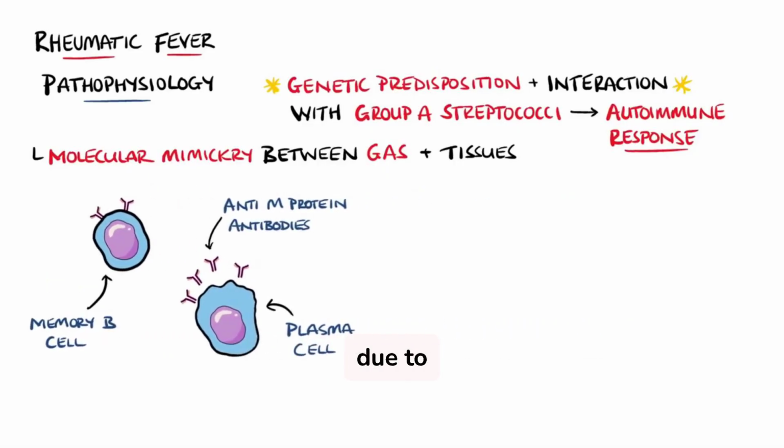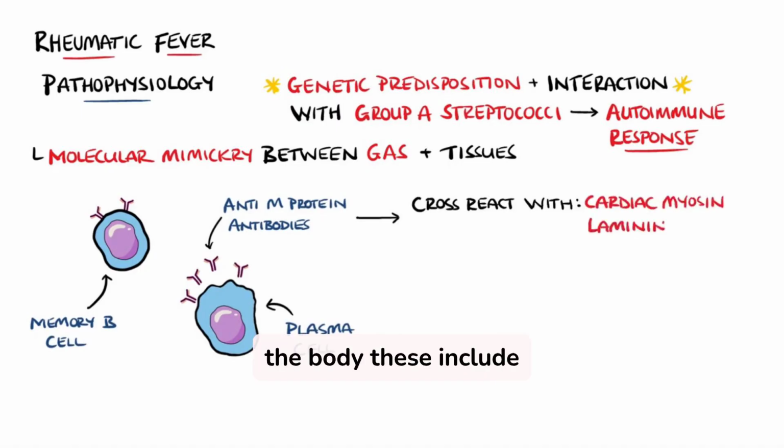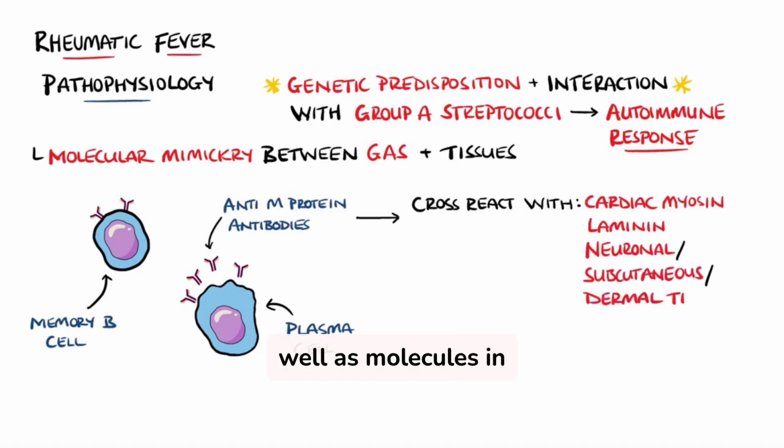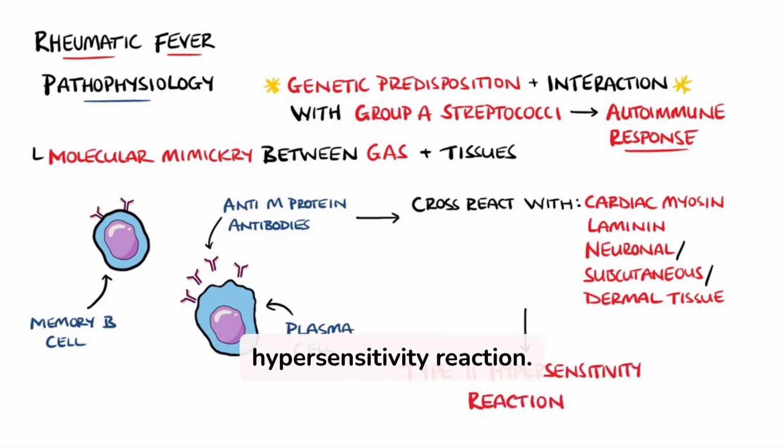However, due to molecular mimicry, meaning similar structures of the molecules, antibodies against these antigens also cross-react with molecules in the body. These include cardiac myosin, laminin, as well as molecules in neuronal, subcutaneous, and dermal tissues. The targeting by the antibodies of these tissues generates a type 2 hypersensitivity reaction.